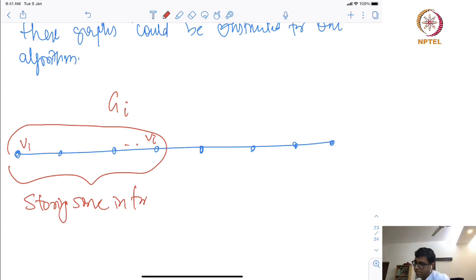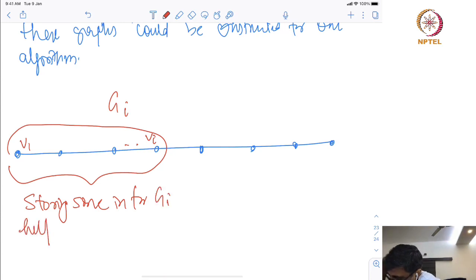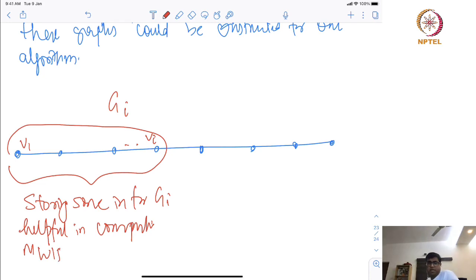Then can I store some information for G_i helpful in computing a max weight independent set?